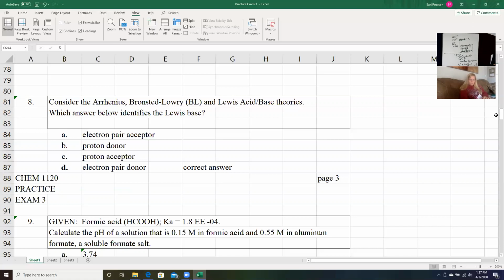When it forms this product, the ammonia donates its pair of electrons to the silver to create that bond.